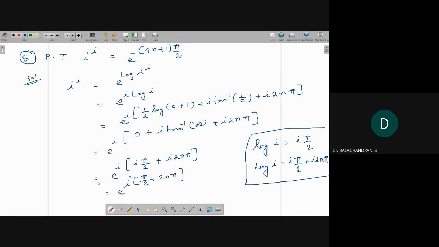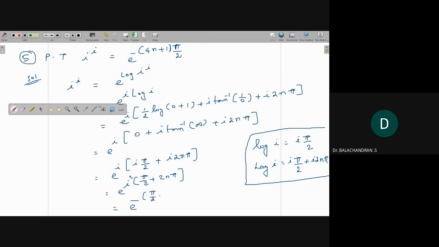So this is equal to e power minus pi by 2 plus 2n pi. But I need here pi by 2. So I took commonly pi by 2. If I took commonly e power minus pi by 2, what is remaining? 1 plus 4n, or you can write 4n plus 1. So this is the final answer.